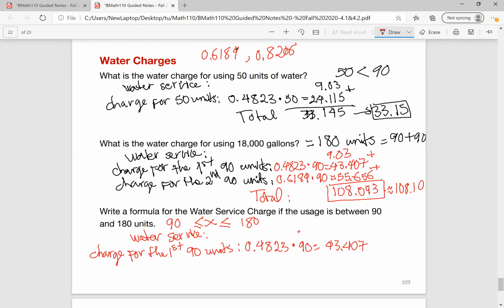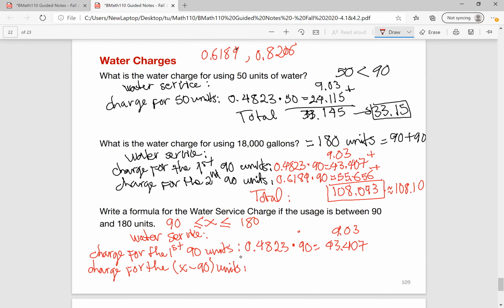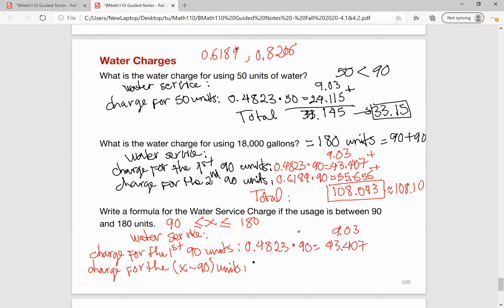Because X is greater than 90, I will write the charge for the amount over, which is x minus 90 units, because this is the amount over the first 90 units. So we have 0.6184 multiplied by x minus 90.